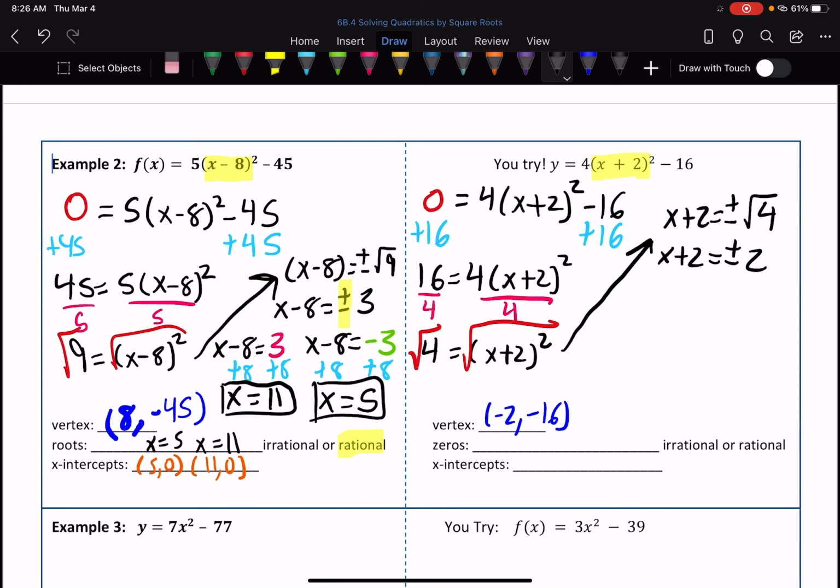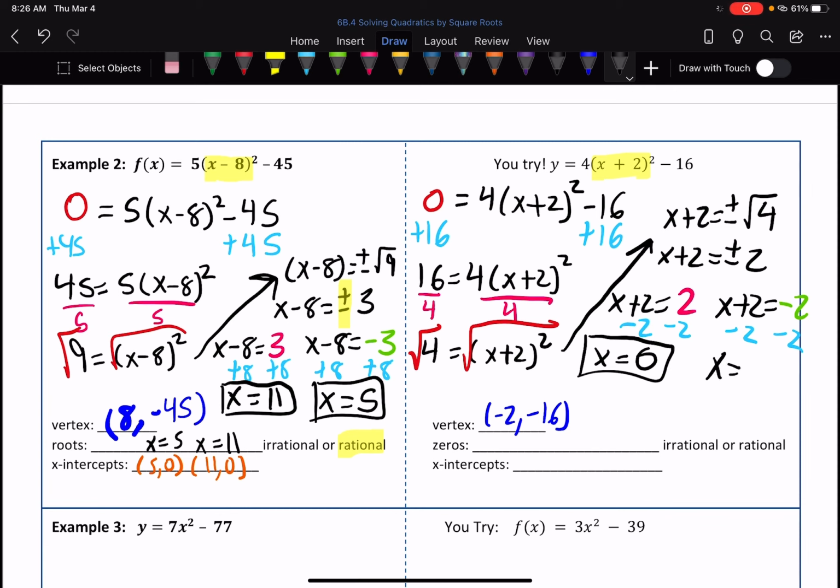And then we break this into 2 equations. So I have x plus 2 equals a positive 2. And x plus 2 equals negative 2. Then we do our final step, which is solving for x. I'm going to subtract 2 from each equation. So in our first equation, 2 minus 2 is going to give me 0. So one of my solutions is x equals 0. On the second equation, I have negative 2 minus 2.